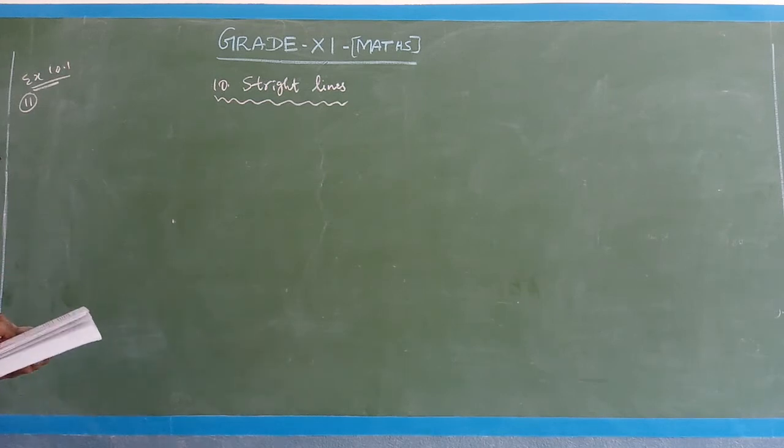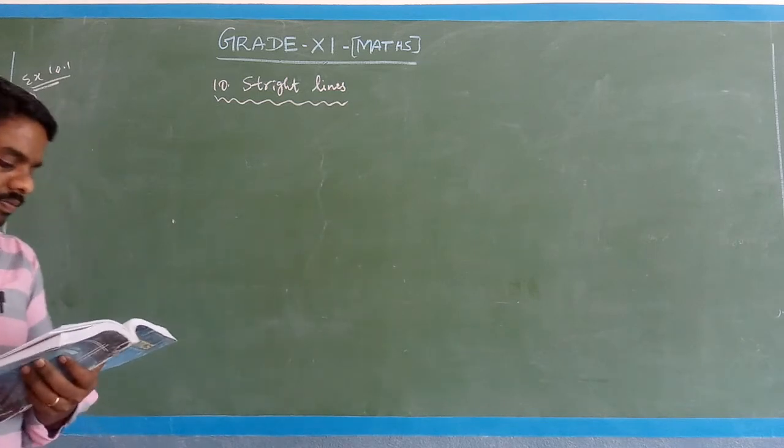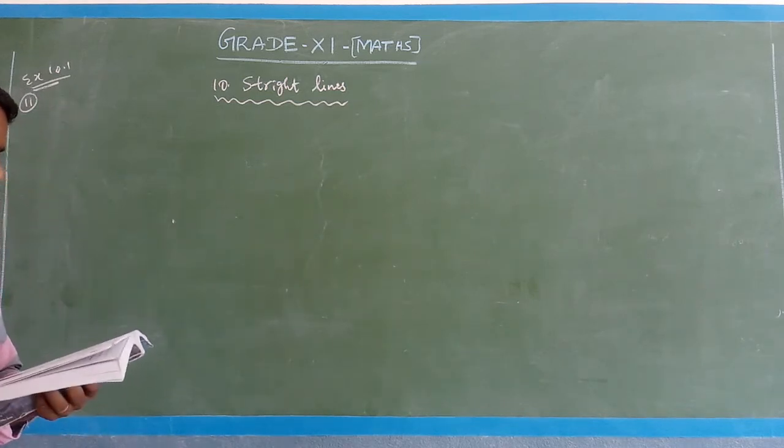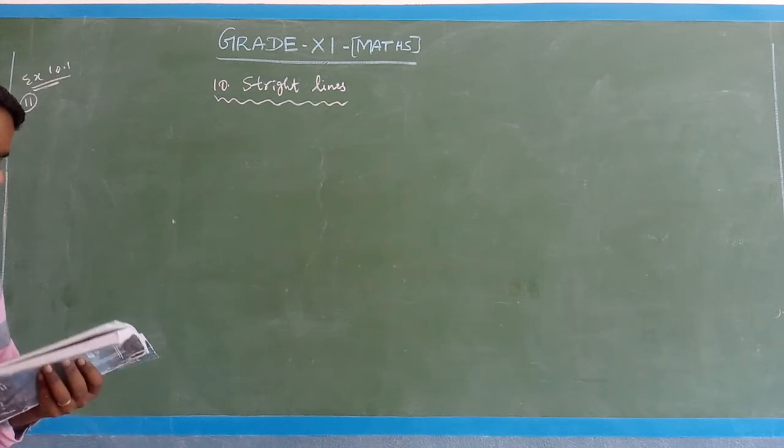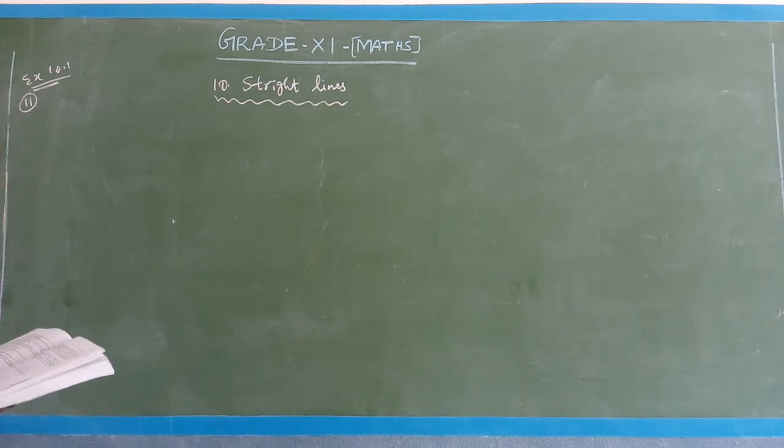If the tangent of the angle between them is 1 by 3, find the slope of the lines.